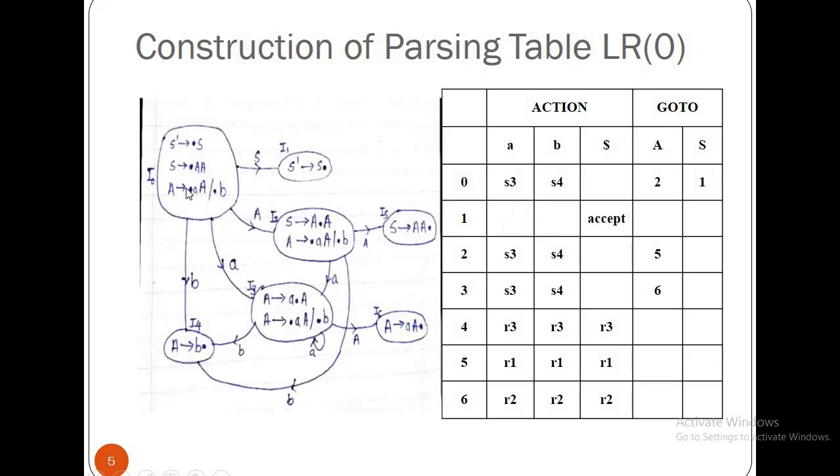Let's say for example, on small a, your I0 state is switching to state 3, that is why shift to state 3 is written as action. Similarly, there are possibly 4 actions which LR parser takes: shift, accept, error, and reduce.